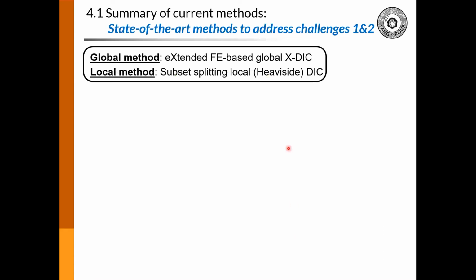So from here, you can see that for complex geometries and discontinuities, both the local method and the global method have been improved. For the global method, you can either solve the analytical solution, or you can extend the basis function. For the local method, you can split your subsets and track the local DIC subsets.